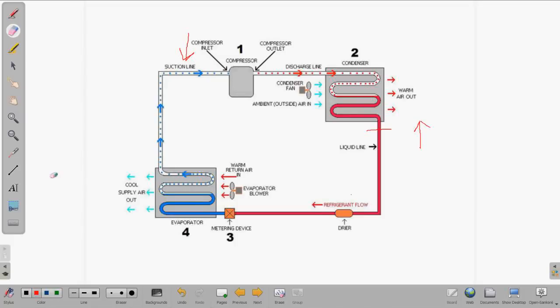So let's start here again from the refrigeration cycle. We have our properly charged system. So we have subcooled liquid, properly subcooled, coming out of the condensing unit. Travels down here to the metering device. It flashes over.